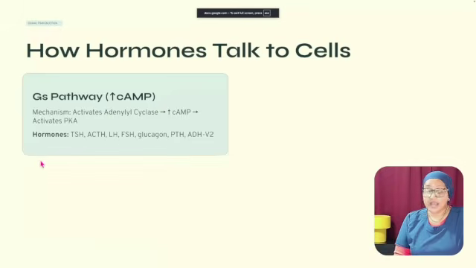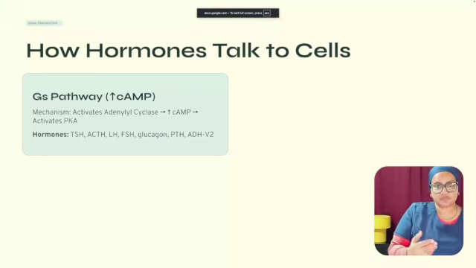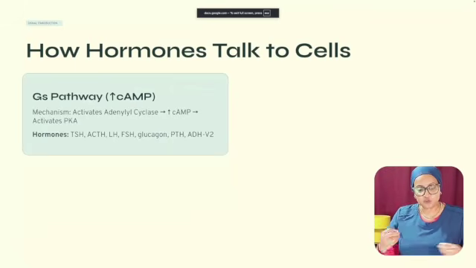Okay. Now, we mentioned receptors multiple times. And we mentioned surface membrane receptors and intracellular receptors. The surface membrane receptors utilize what we call second messenger pathways. This is how they convey their message to the cell through this process of signal transduction. Okay?